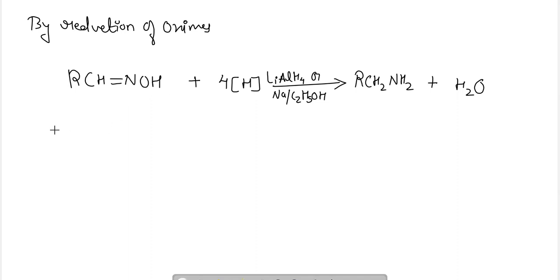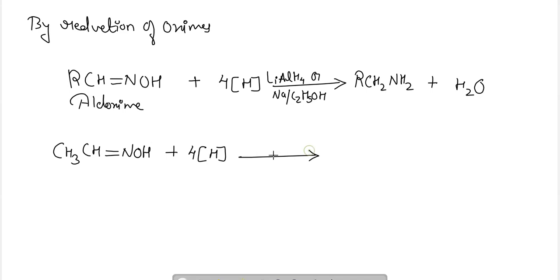Next, if ketoxime is there, okay, so here these are known as aldoximes. Okay, and here one example I am taking, CH3CH=NOH, on reduction in the presence of lithium aluminium hydride, sodium in ethanol, will give ethane amide plus water.